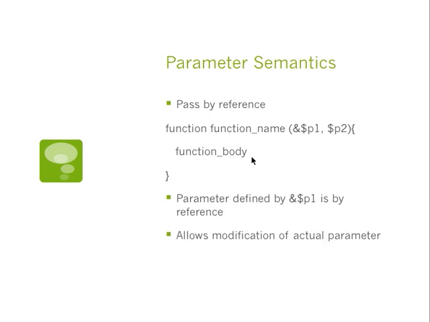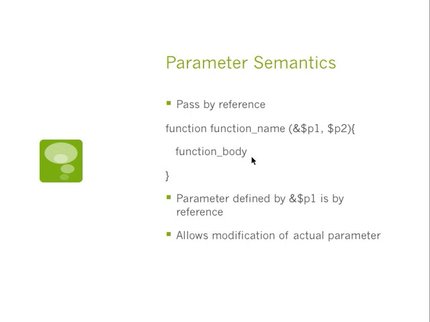The second kind of parameter semantic is pass by reference, and the difference here is that you use the ampersand to indicate which parameters are being passed by reference. The semantics here are that if you make a modification to P1, the parameter that has been passed in by reference, that change will be propagated to the variable that was passed into the function.